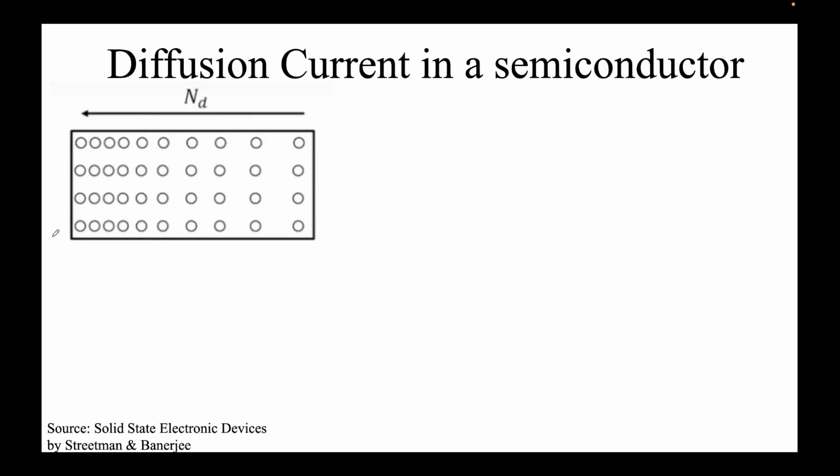As we started today's class with something called a drift current, I told you that if there are some electrons in a conduction band, that itself will not carry current. We have to apply an electric field. There's one more phenomenon which can cause electrons to flow, that is diffusion. Diffusion is something you encounter in daily life.